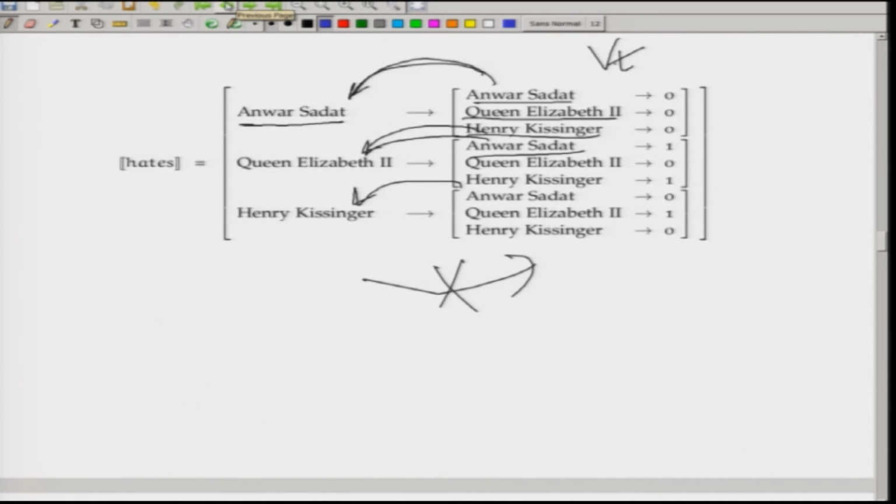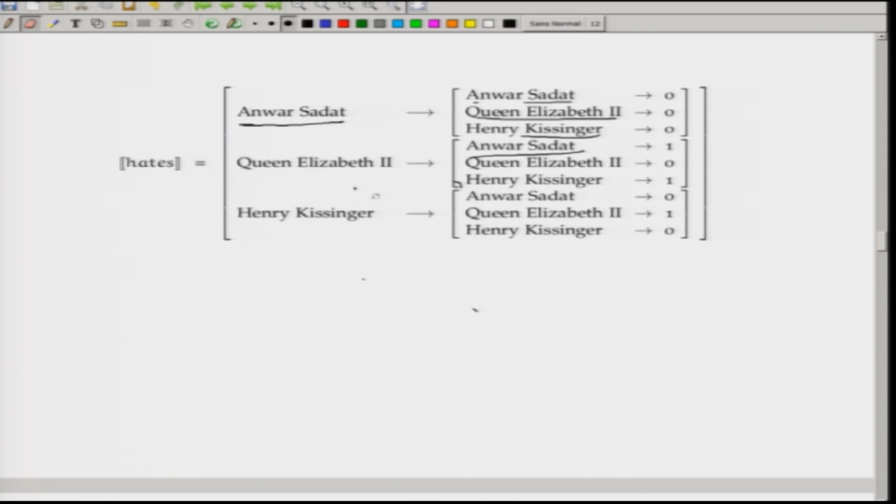So for example, here is our hate, and this function hates works as we said: this is the column of the people hated, and these are the haters, right? We know this. Now, this will take the object first, then this object, right.